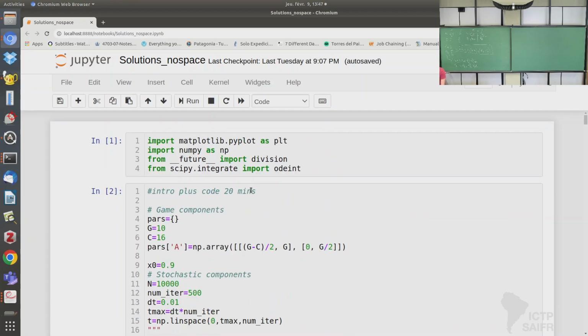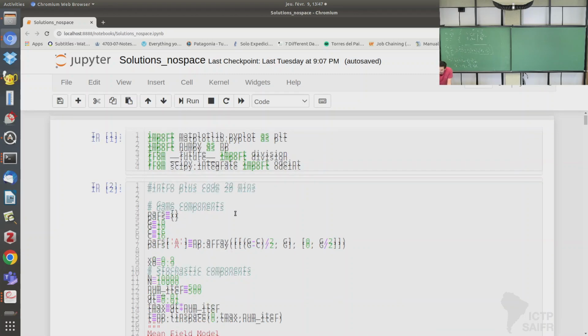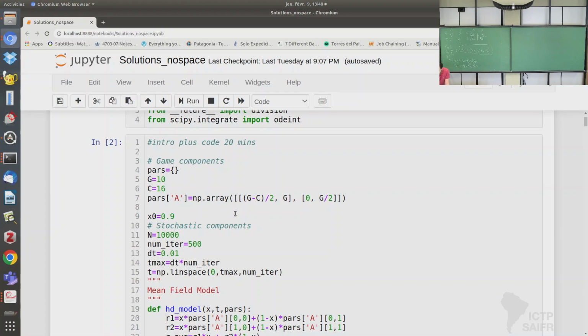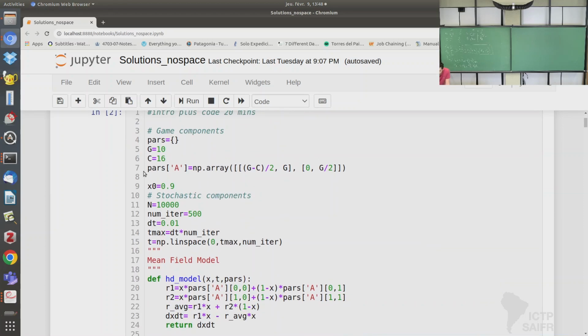Okay, so everyone, I'm going to go through a little bit the solution of the first problem. Essentially, again, the precise implementation doesn't matter, but how I chose to implement it was through a dictionary where I give the matrix as a parameter. This is just the matrix that I wrote there.